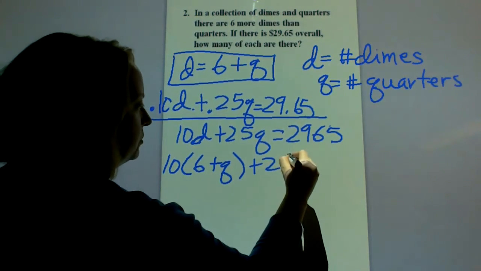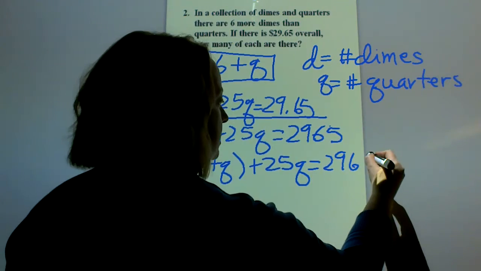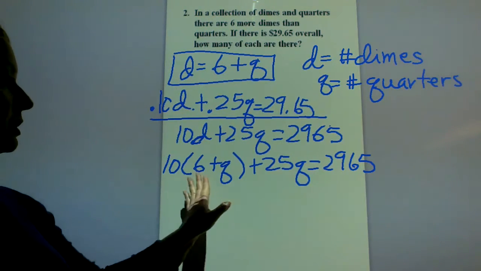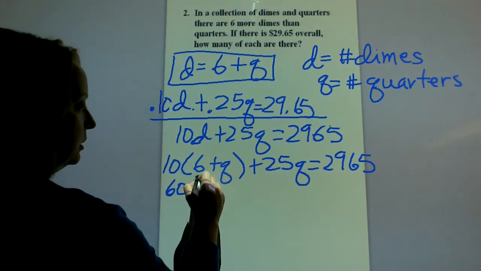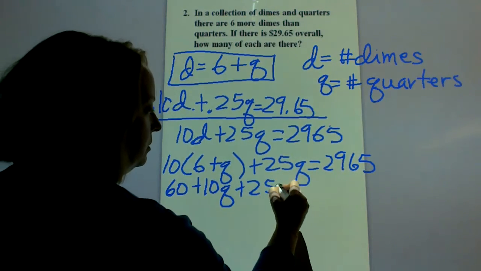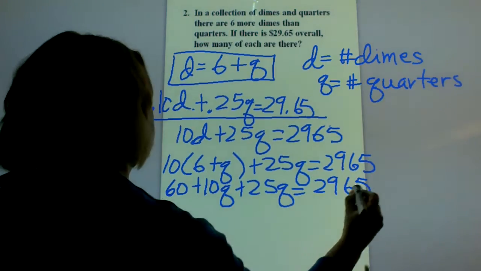plus 25Q equals 29.65. And then I'm going to distribute the 10 through, so I get 60 plus 10Q plus 25Q equals 29.65.